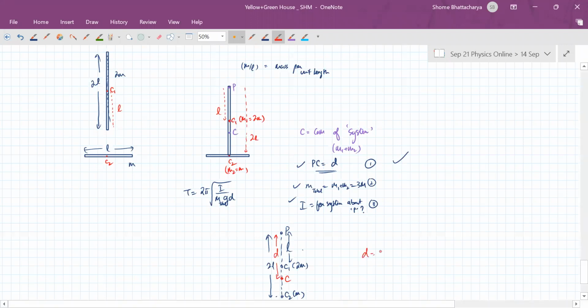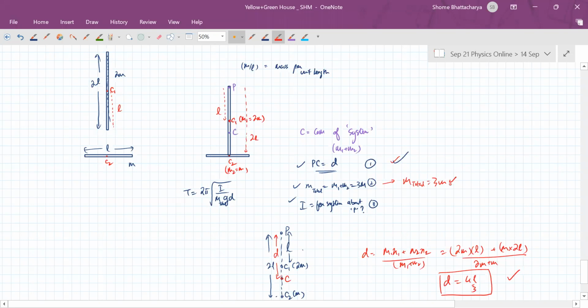So this d will just become basically m1 x1, let's say, plus m2 x2 divided by m1 plus m2. That kind of formula we can use. So 2m located at L plus m located at 2L, that gives 4L by 3. That's done. Then we will replace m total as 3m. So that's also done. And the only thing is the moment of inertia.